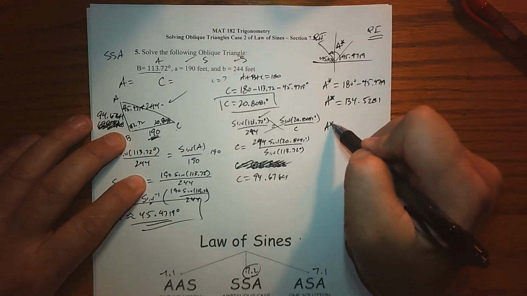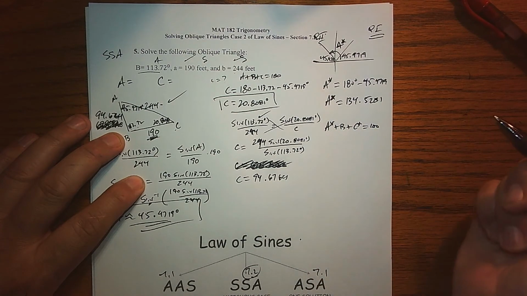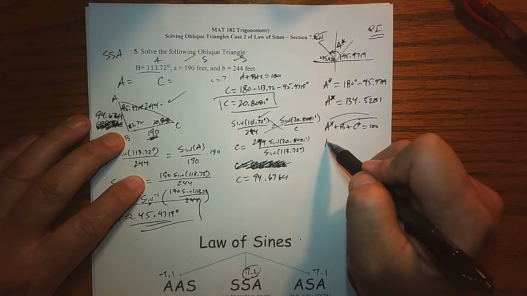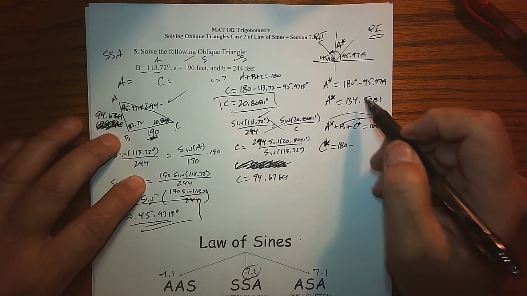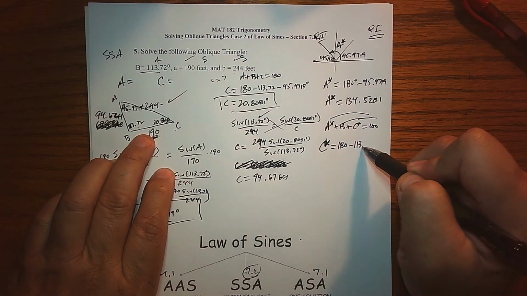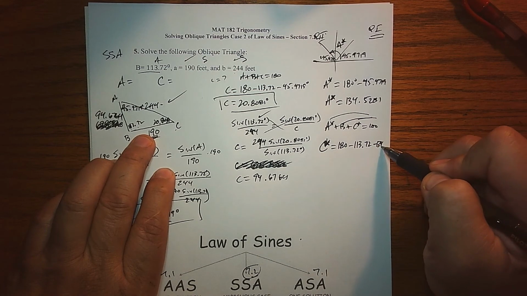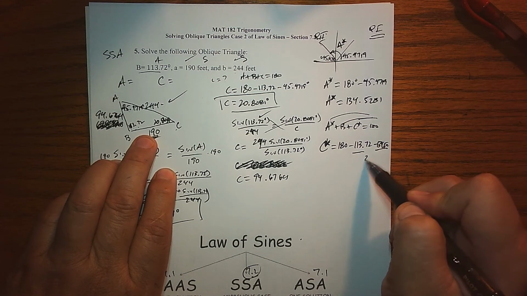All right, and so what about my C star? Well, A star plus B plus C star should equal 180. So C star should be 180 minus the B, which was 113.72, minus the A star, which is 134.5281. I'm going to stop there because this and this is well over 200.